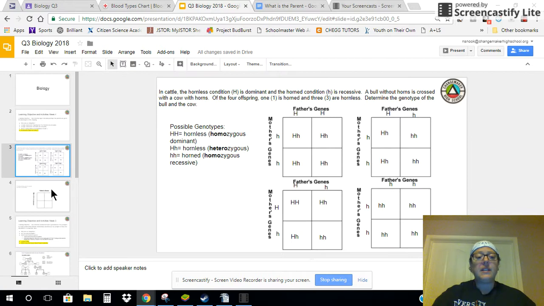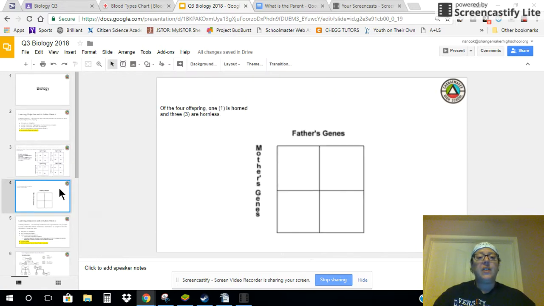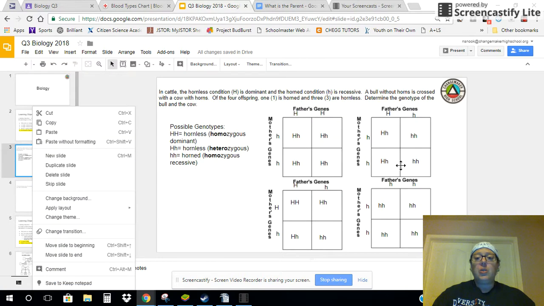But there is a second step, and that is to figure out the percentages. Well, I just told you that if this is the combination, it's a 50% chance each time that they have an offspring that they will be hornless, and a 50% chance that they will have horns.